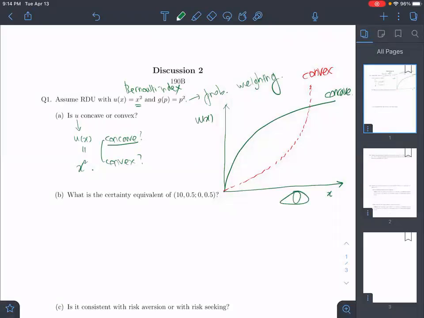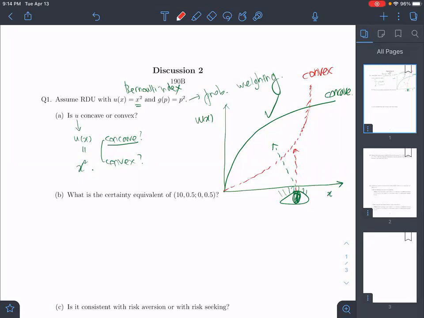If this is the eye, and we see from here, this green line is concave. At the same perspective, if we see from here, this red function is convex. So functions that shape like the red line are convex. Functions that shape like the green line are concave.